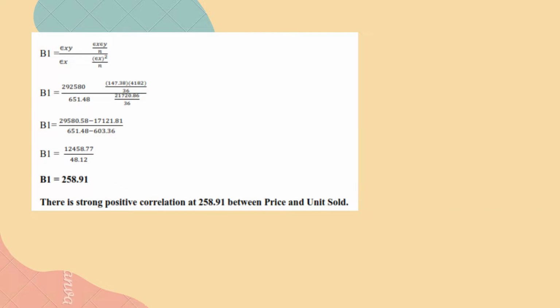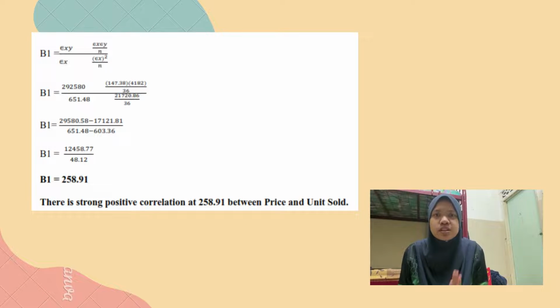Next, after recording the totals of the table, we use the product moment correlation coefficient formula to find the correlation between price and unit sold. As you can see, we calculate using the totals we got in the table. So, r is the correlation coefficient and n is the number of observations, which is 36 weeks of data.